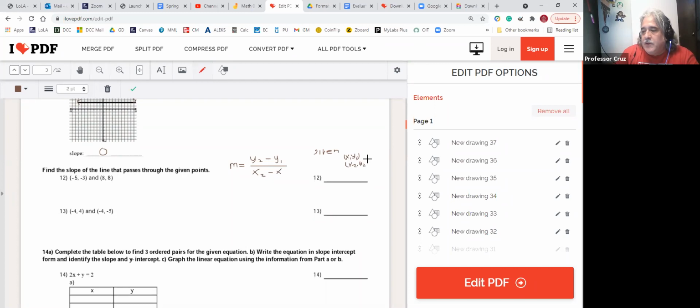It doesn't matter which one's got the 2's on it or the 1's on it, but you can't mix them up. The one's got to be 1, 1, and the other's got to be 2, 2. You could do them backwards if you want to. You just can't cross them with strings. So, with this, x1, y1, x2, y2.